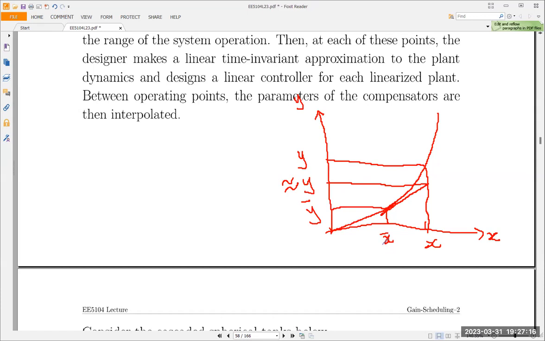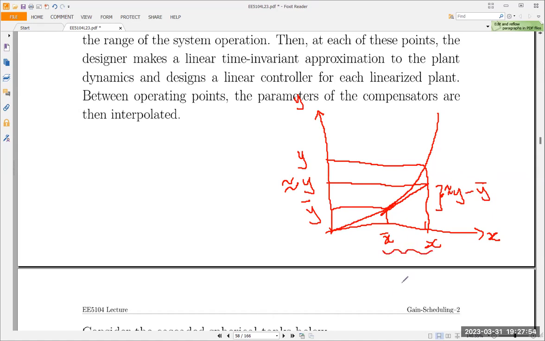We always do this. This is y, approximate y minus y bar.